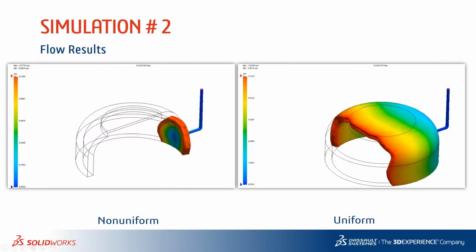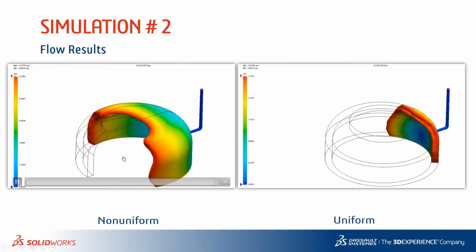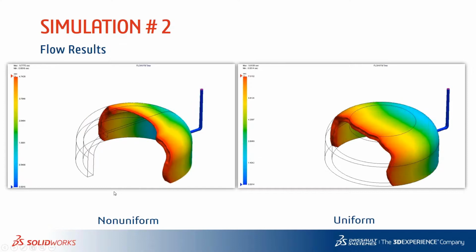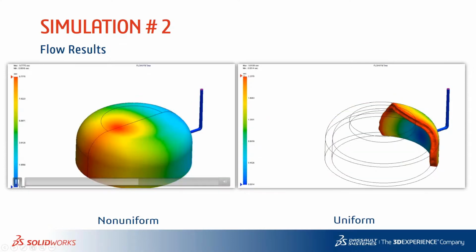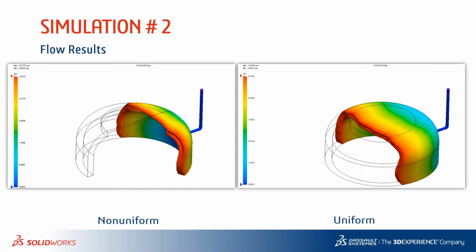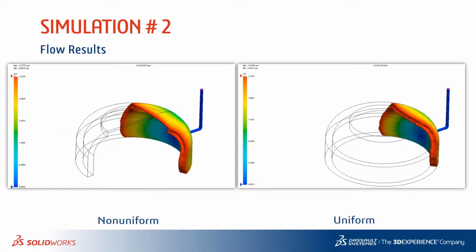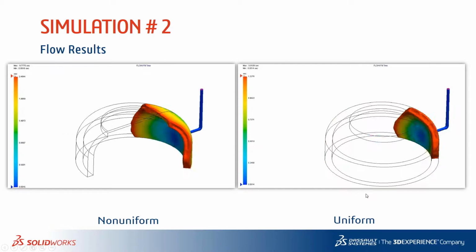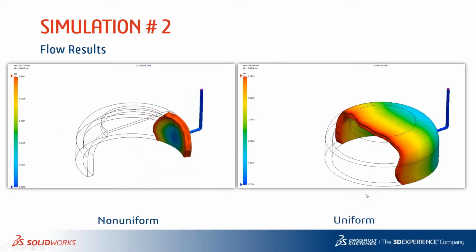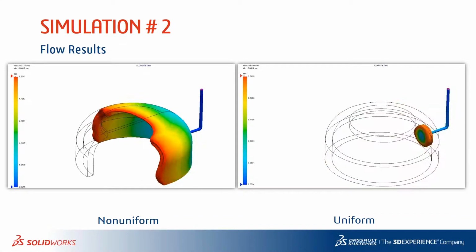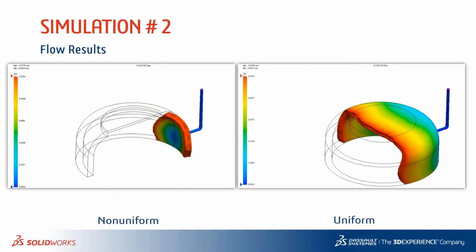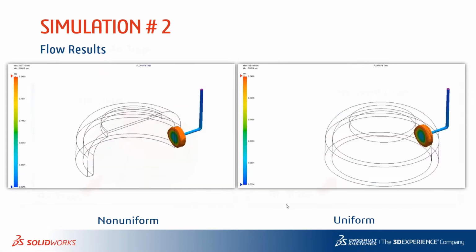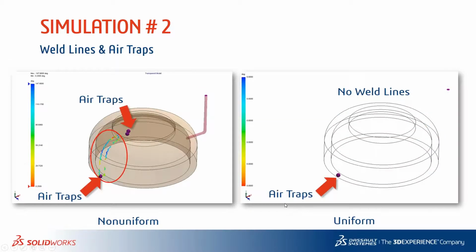You can clearly see on the animation on the left side that race tracking effect, because you have non-uniform walls, thin on the top and thick on the sides. The more uniform design doesn't show that race tracking effect.